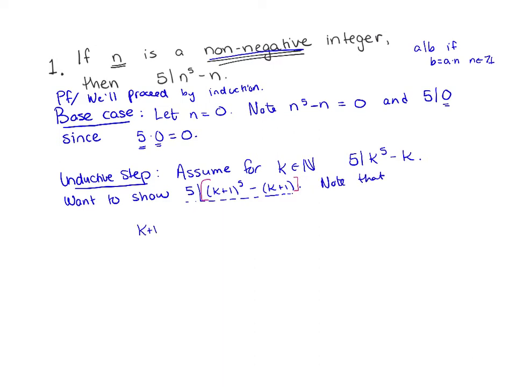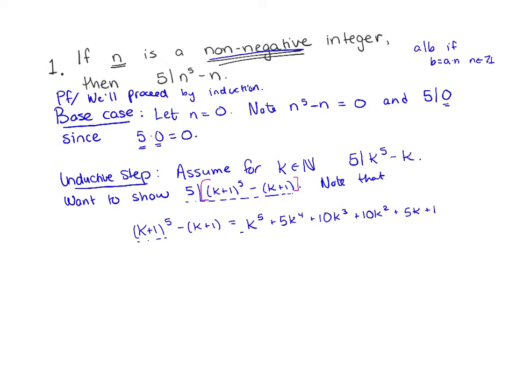So we see that (k plus 1) to the fifth minus (k plus 1). I'm just going to go ahead and multiply that all out. For this fifth power, I'm going to use a binomial expansion. So I have k to the fifth plus 5k to the fourth plus 10k cubed plus 10k squared plus 5k plus 1.